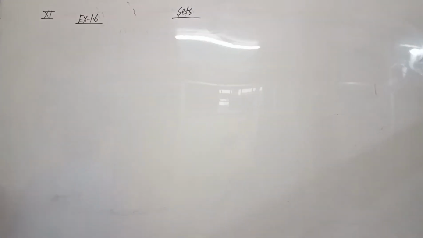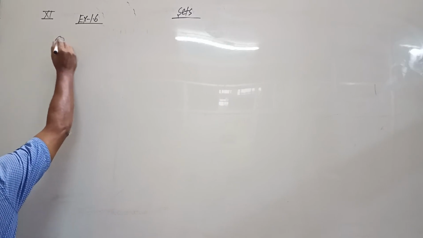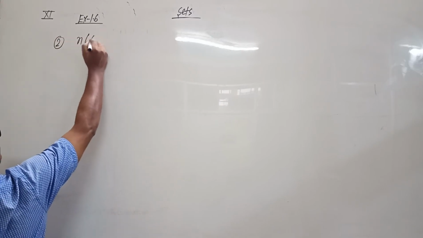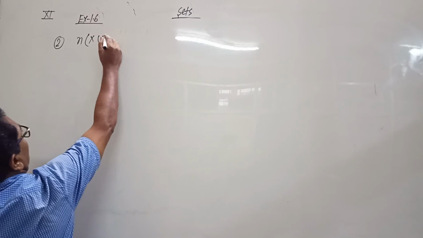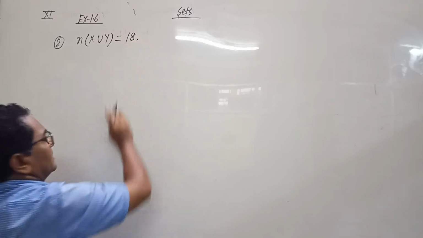Now the second question. X and Y are two sets such that X union Y has 18 elements. n(X ∪ Y) equals 18.